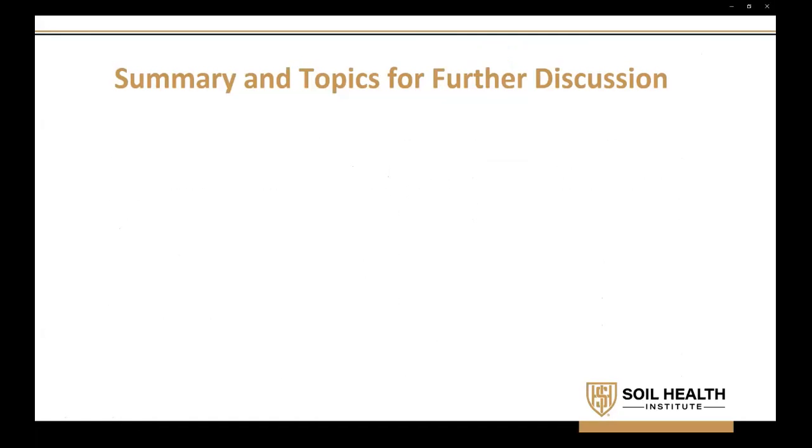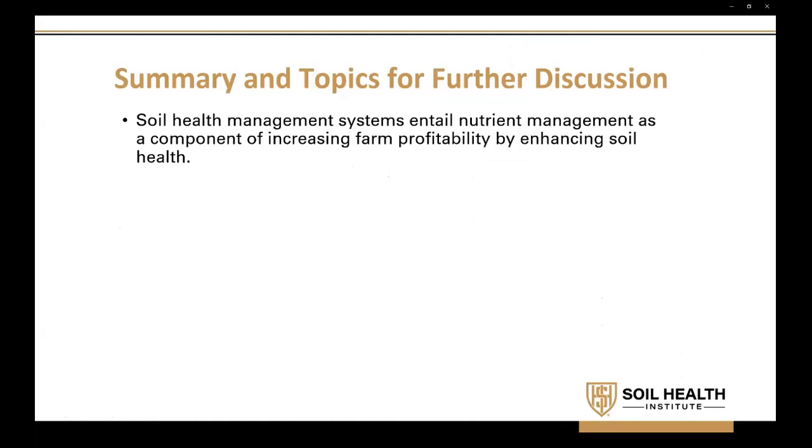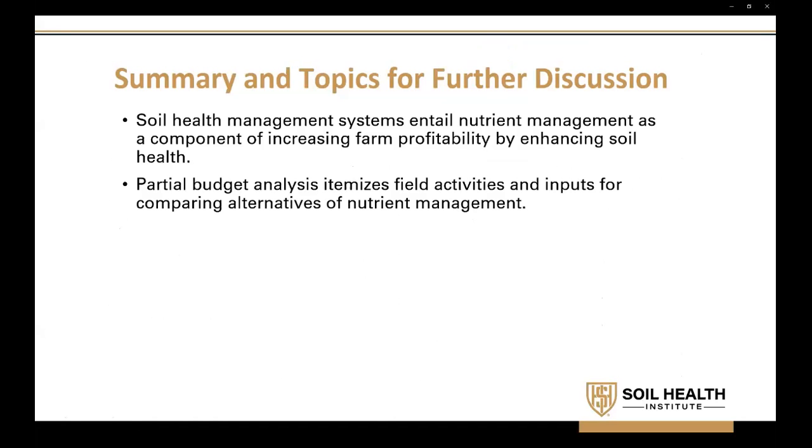Now we'll take a look at a summary and topics for further discussion from our empirical results. Soil health management systems entail nutrient management as a component of increasing farm profitability by enhancing soil health. Partial budget analysis itemizes field activities and inputs for comparing alternatives of nutrient management.